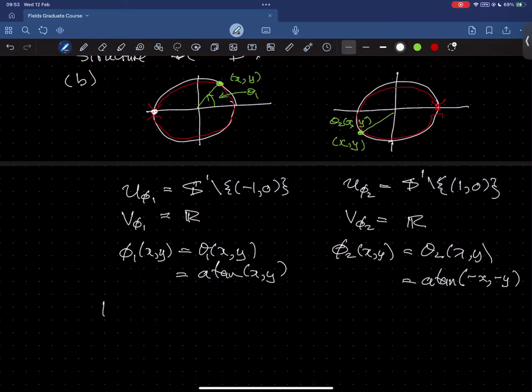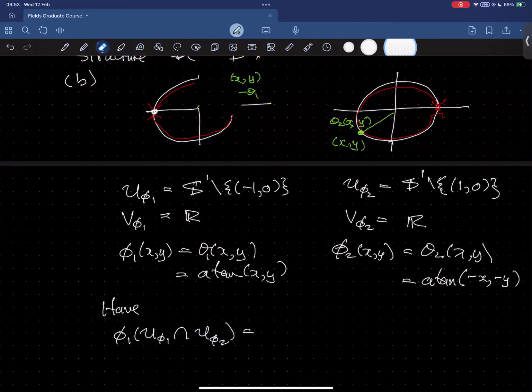The intersection of the domains of V1 and V2: V1 is giving me this angle, theta 1, and it's giving me the angle theta 1 for points in this overlap here.